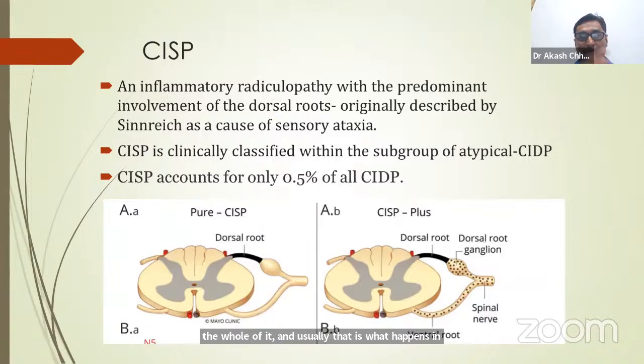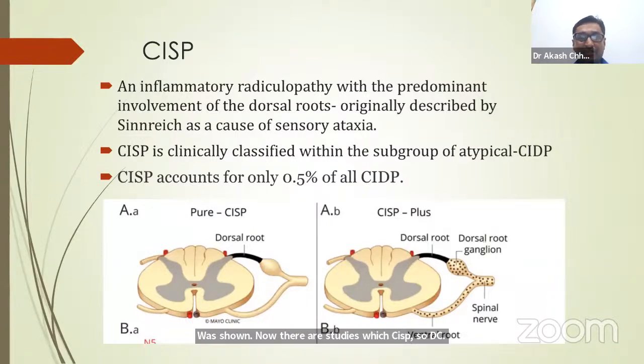But then we started to classify them, and we tried to find out why some patients have some characteristic things, and we still delineate them. And now we have come to this only dorsal root affection, which can be seen in CISP. But I think it could be a spectrum, and soon after CISP was shown, now there are studies with CISP plus. So we see a patient at a particular point of time.